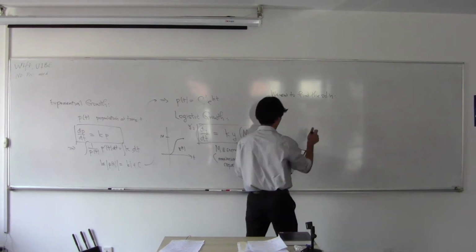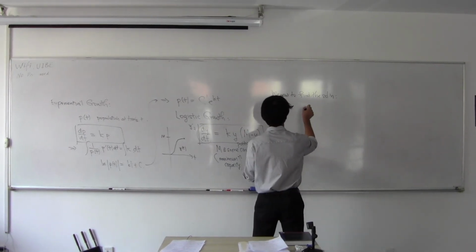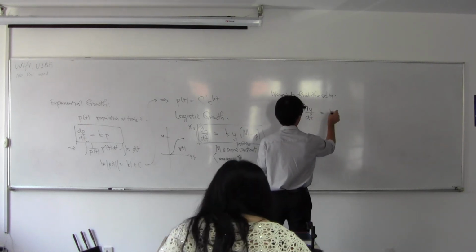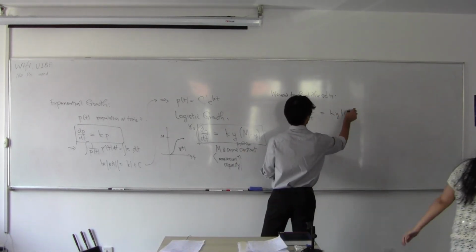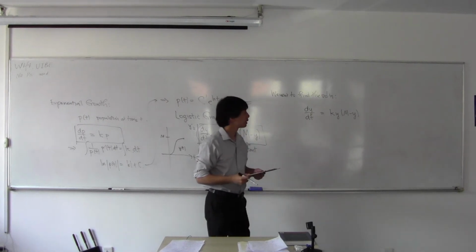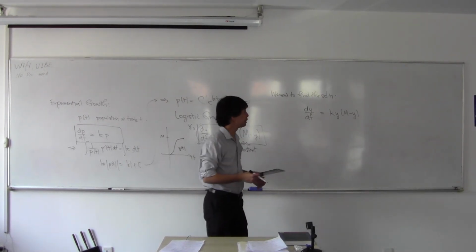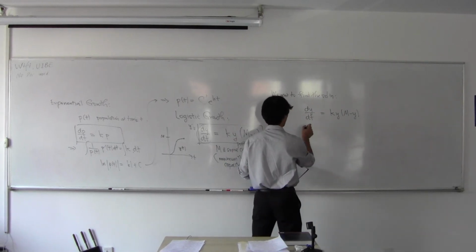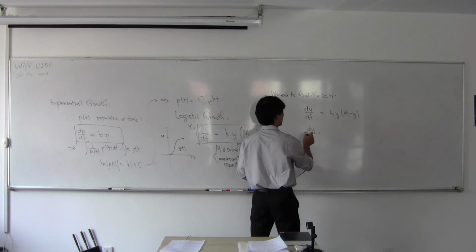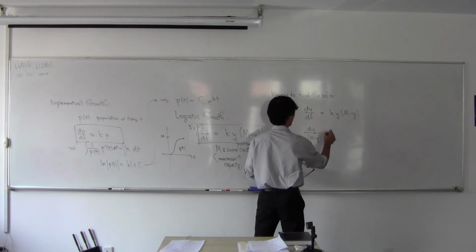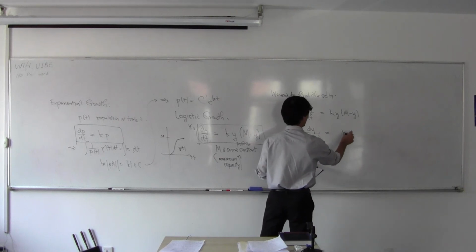We start off with this ky times m minus y, and then we're going to do separation of variables on it. We play the same thing as before: we move everything involving y to one side, and everything involving t to the other side.